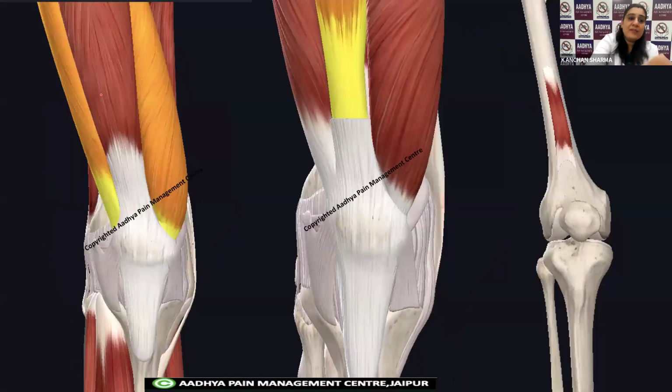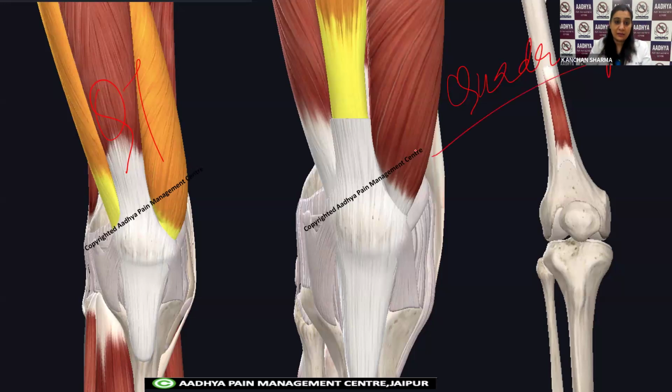Then we have this quadriceps tendon. Go with the name: quadri means there should be 4 muscles which are forming this tendon. If you go from the lateral to the medial side, one thing which is common is the name, vastus.